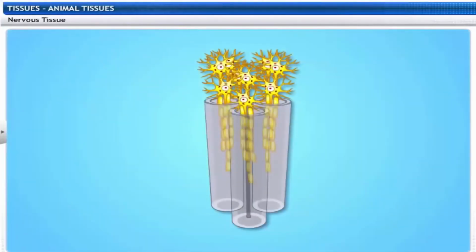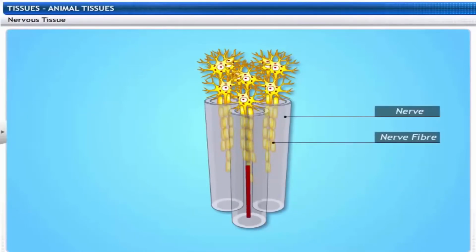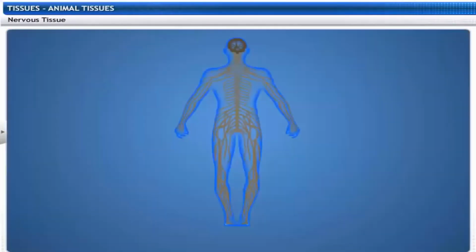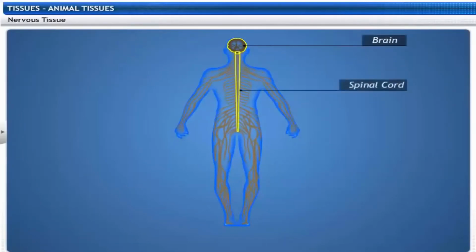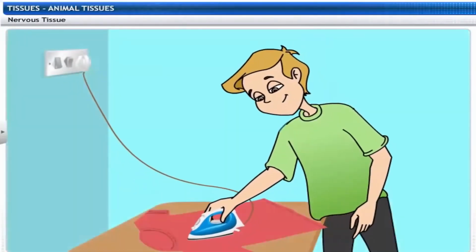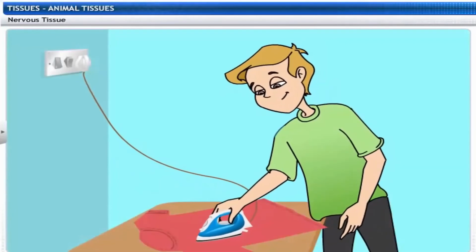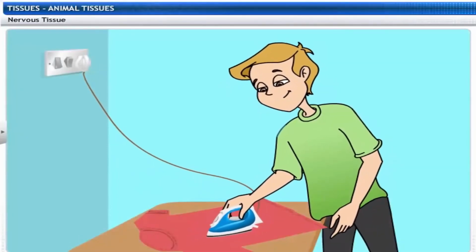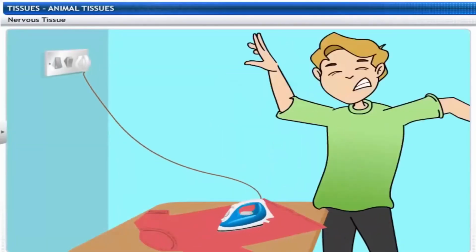Neurons join end to end to form nerve fibers. These nerves are richly supplied with blood. Nervous tissues are found in the brain, spinal cord, and nerves. The combination of nerve and muscle tissue enables man to move rapidly in response to stimuli.